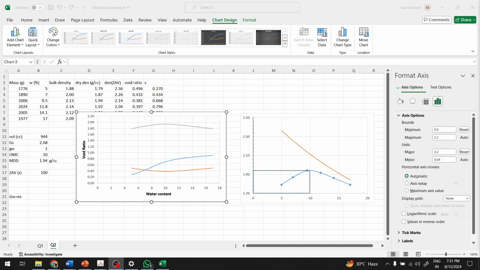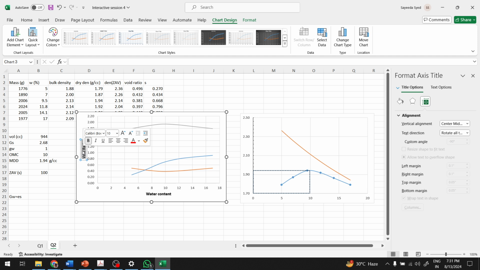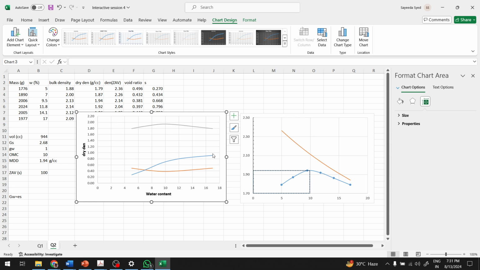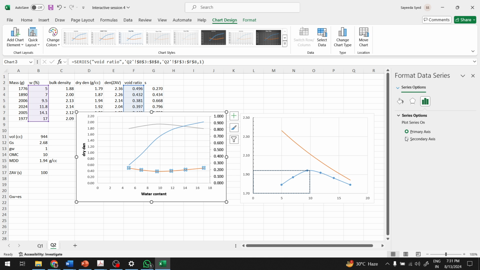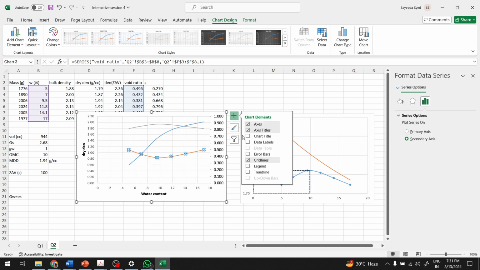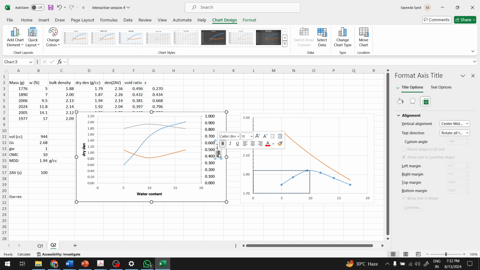So, okay, we were talking about this. So now this is dry density, and this should be on secondary axis. Let me add axis titles. Secondary vertical. This is E or S.